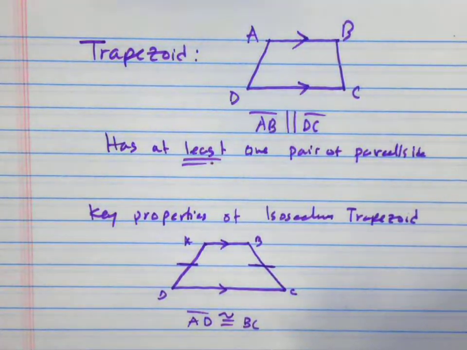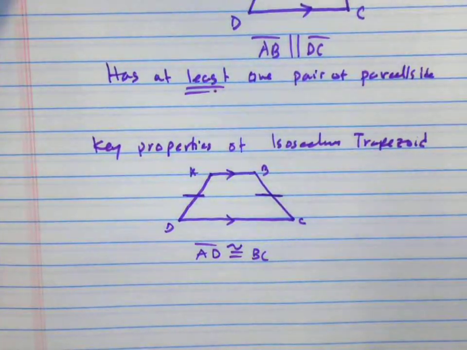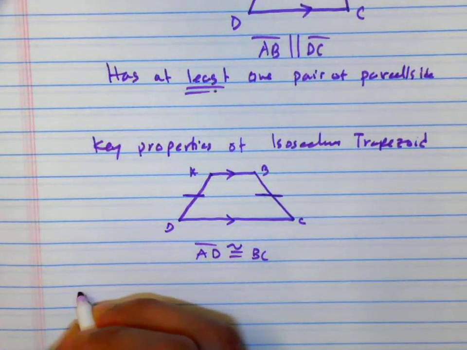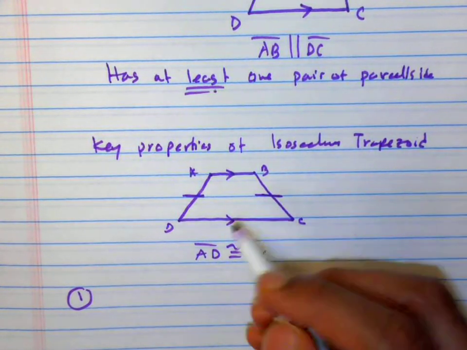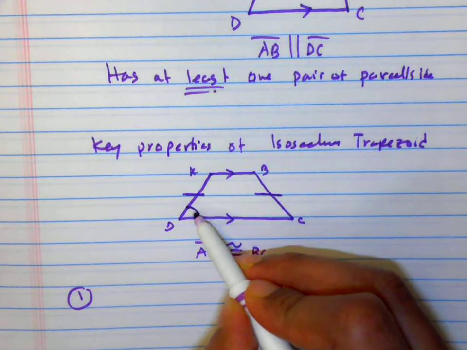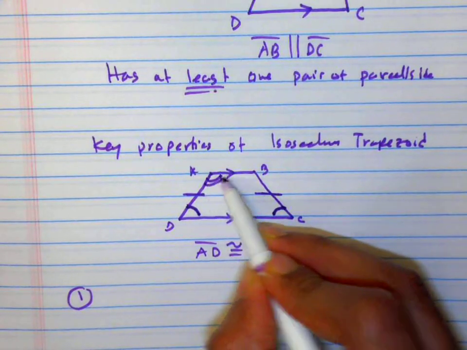Okay. If that's the case, the properties we'll look at for an isosceles trapezoid are this. First one, the angles on either side of the base are congruent. So this is congruent to this. This is congruent to this.